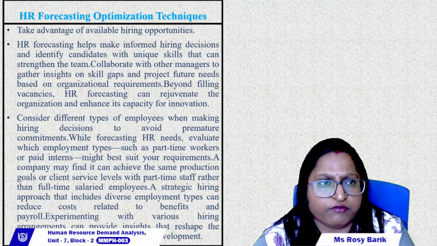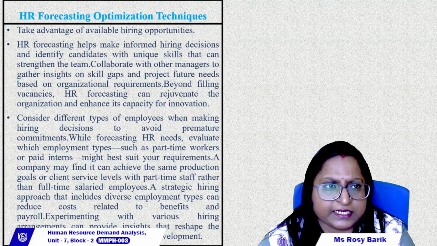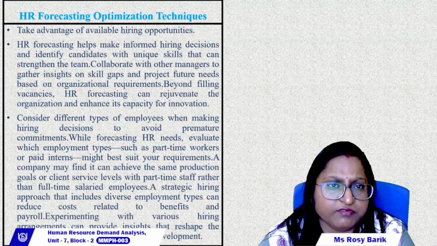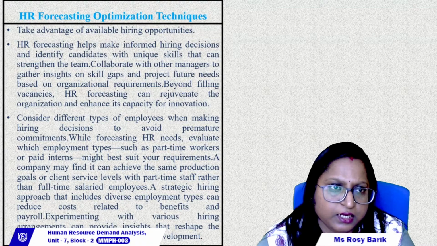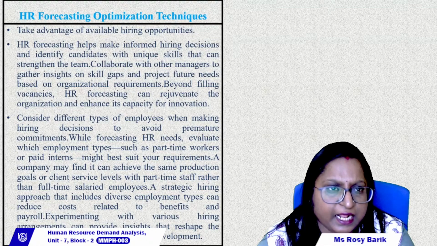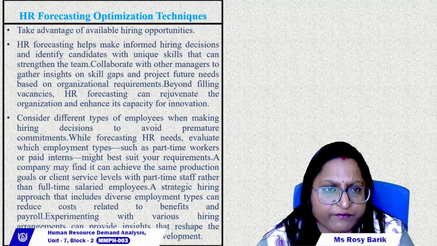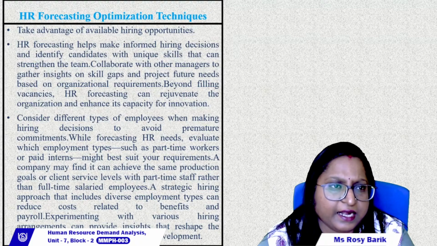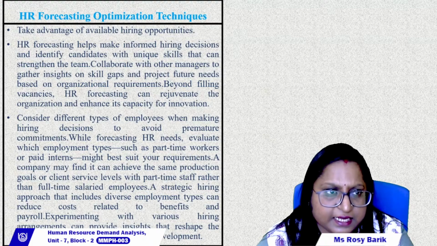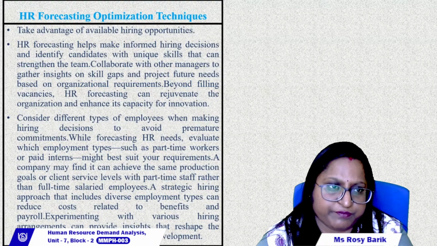HR forecasting optimization techniques take advantage of available hiring opportunities. HR forecasting helps to make informed hiring decisions and identify candidates with unique skills that can strengthen the team.